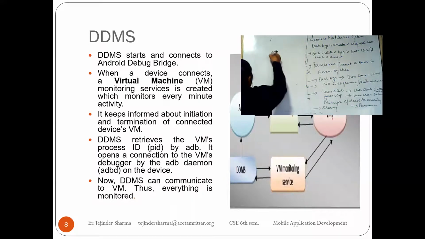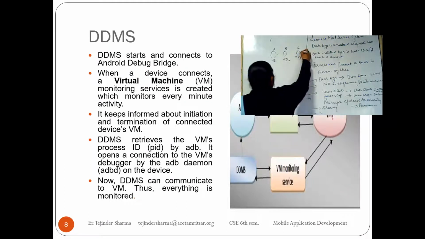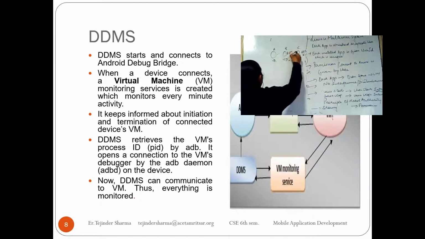I earlier told you that there are three virtual devices: VD1, VD2, VD3. Suppose I want to test my app on API 21. This is API 29. This is API 30, which is R. This is Q, and so on. You can go and find which is 21. Now this is my ADB.